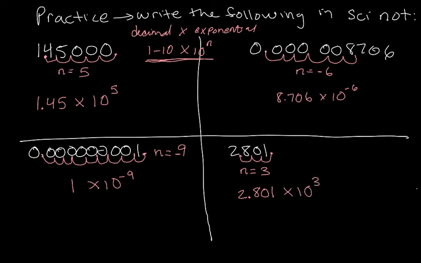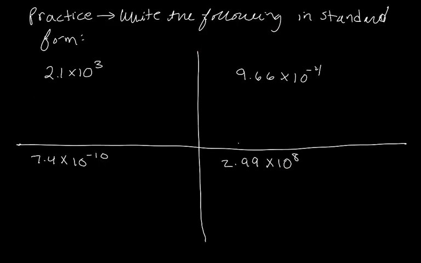Okay, now let's try to do the other way around. Let us write the following in standard form from scientific notation. We follow the same principles except that we work backwards. The first thing that we want to look at now is our exponent. Our exponent is positive 3. Since it's positive, it's indicating that our decimal part here is going to get bigger.